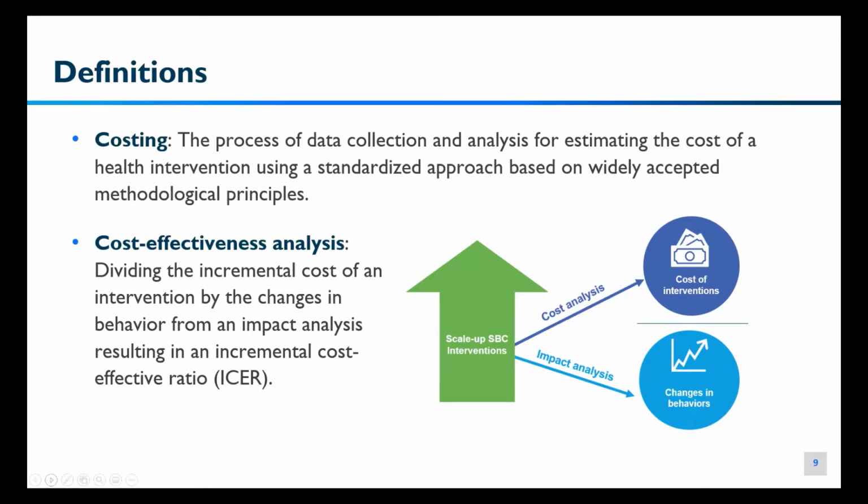So what is cost effectiveness analysis? That's when you bring together the impact evaluation of an intervention with the cost. So you divide the costs by the changes in behavior to calculate an incremental cost effectiveness ratio, or ICER.